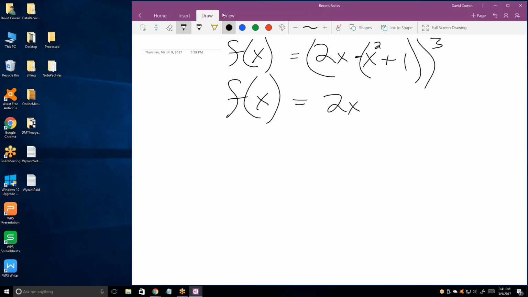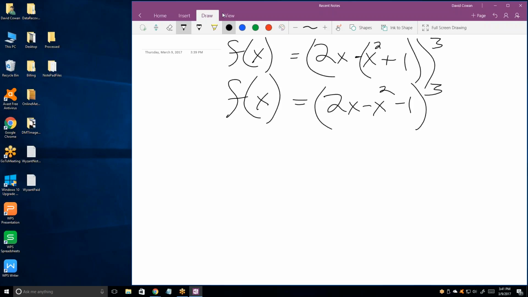Just remove the inside parentheses. 2x minus... In other words, when you remove these inside parentheses, you have to distribute the negative sign to both terms. So it becomes minus x squared minus 1. Those two are the same. I haven't changed anything.